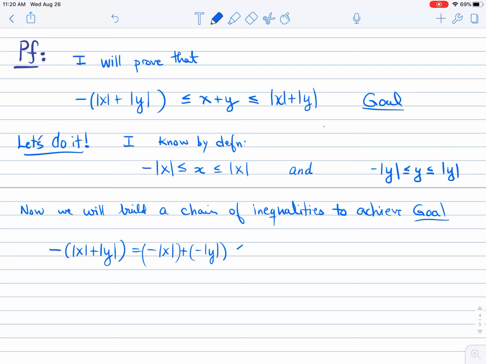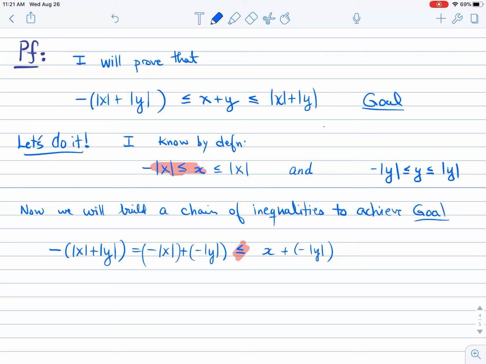And I can look at that and say, well, negative absolute value of x is smaller than x. So using that red fact, this is going to be smaller than x plus negative absolute value of y.